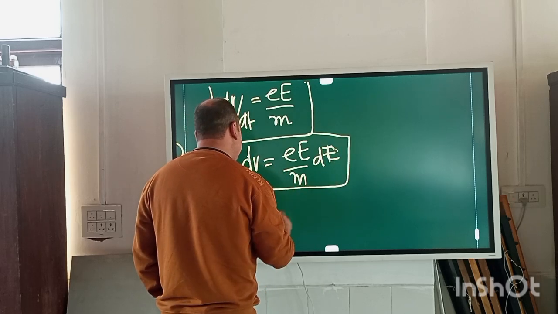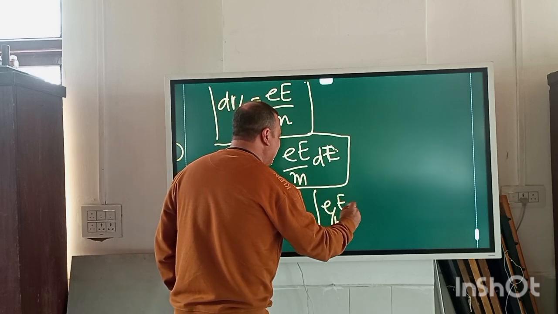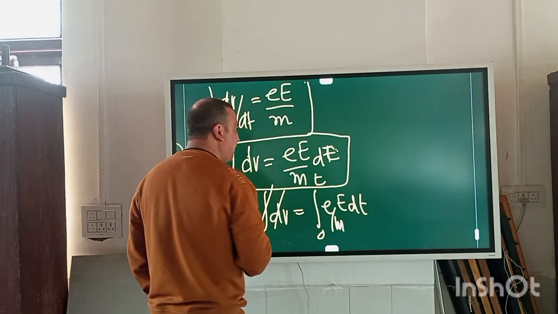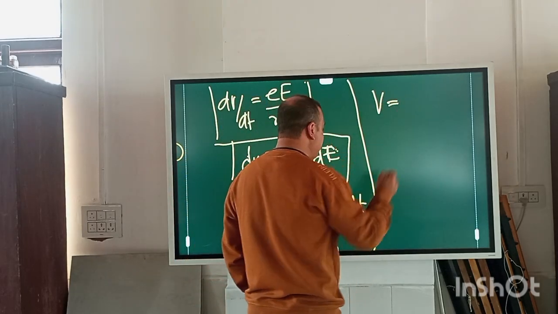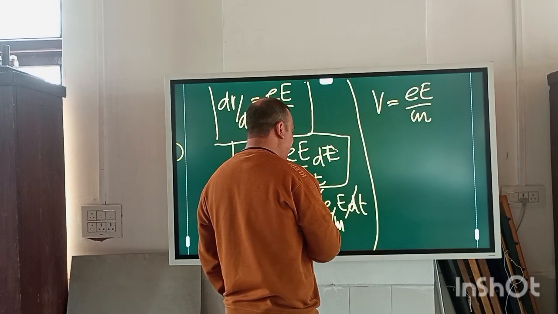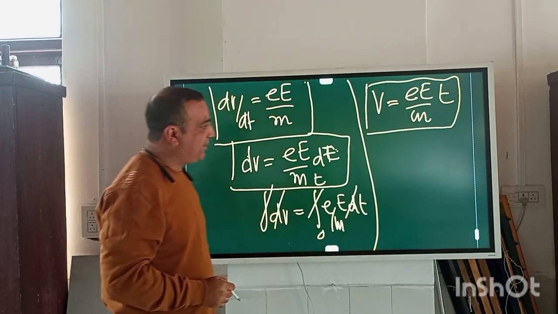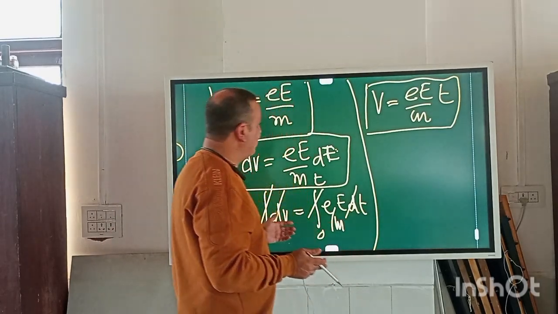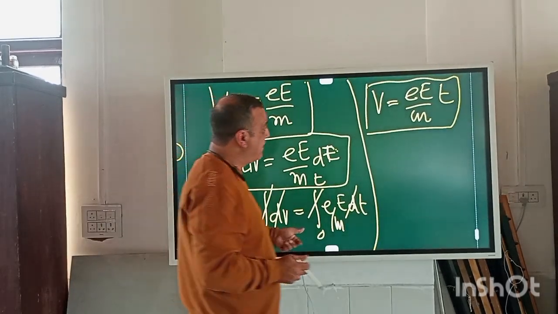So I can integrate this equation, with time from 0 to t. So differential and integral will cancel, and I will have the velocity v equal to eE by m times t. So this is the velocity of an individual electron, and this velocity comes into action when you're applying an electric field to this electron, and this electron is assumed to be free within the framework of this metal.